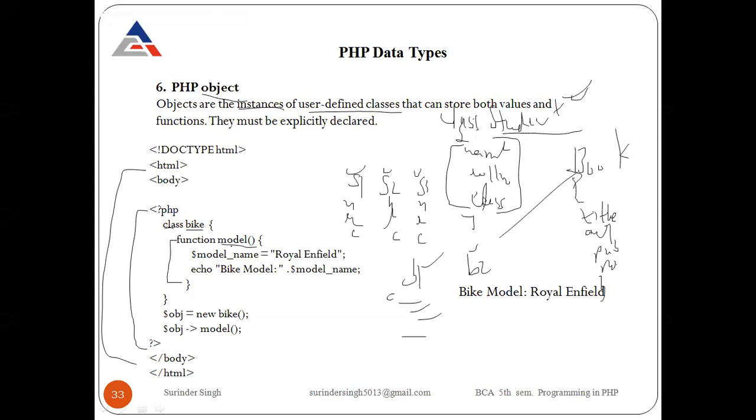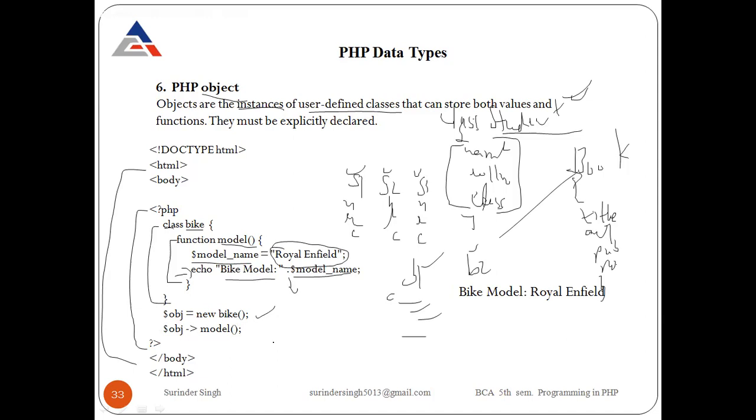In this model function, we have a variable model name and assigned it the string value Royal Enfield. And in this function, we have a printing statement echo bike model colon, then concatenated with the variable model name. And here the class is closed.